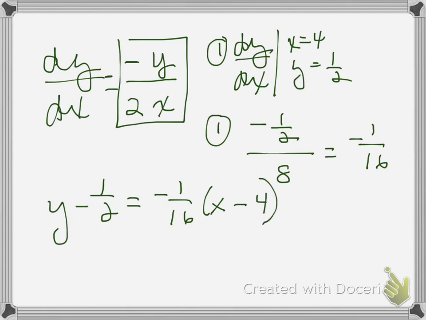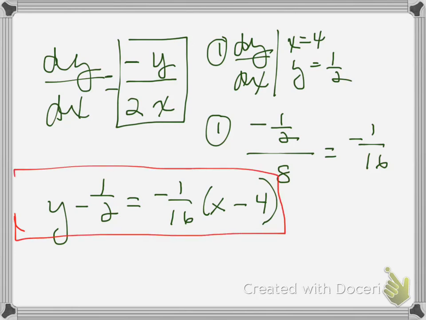Okay, so that's our first equation. Let me just check to make sure I'm doing this correctly. Yep, that all looks good. That's equation 1. Okay, so can we change colors and see if I can get equation 2? So, let's box this off, because this is all under equation 1.